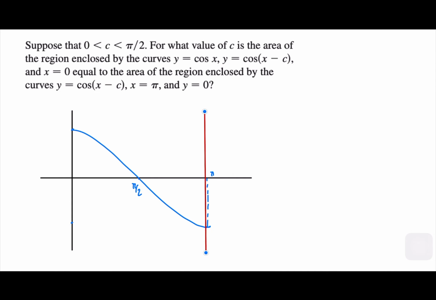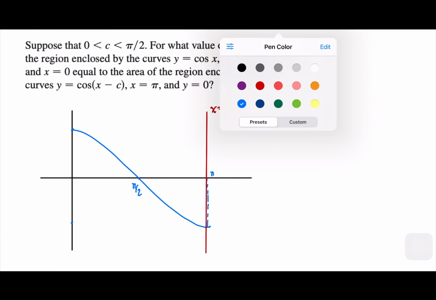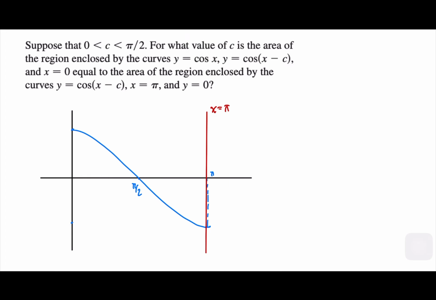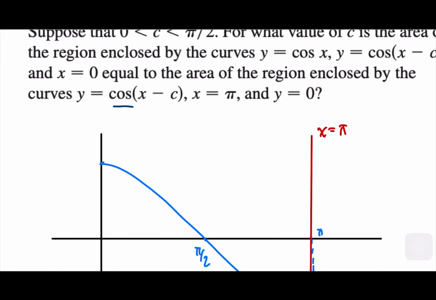This is x equals pi. And then we also have cos x minus c, which means that if you look at this cosine, this is cosine x, and you move it, shifted c units to the right.